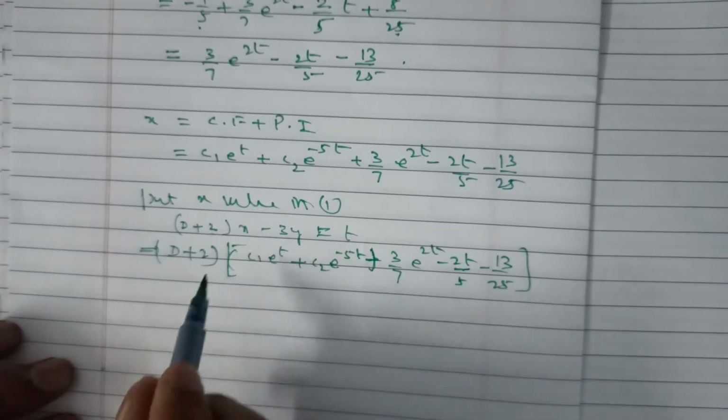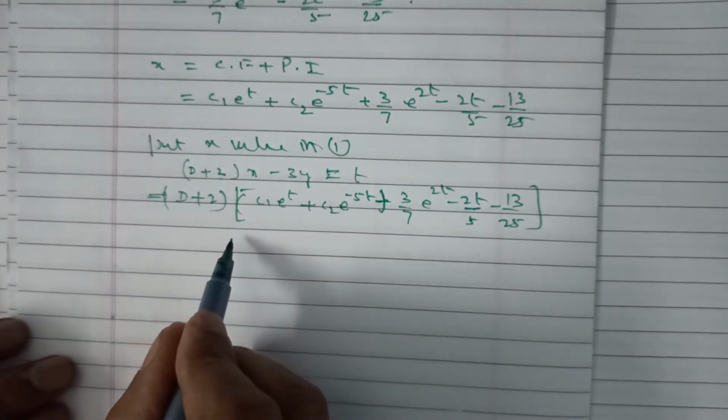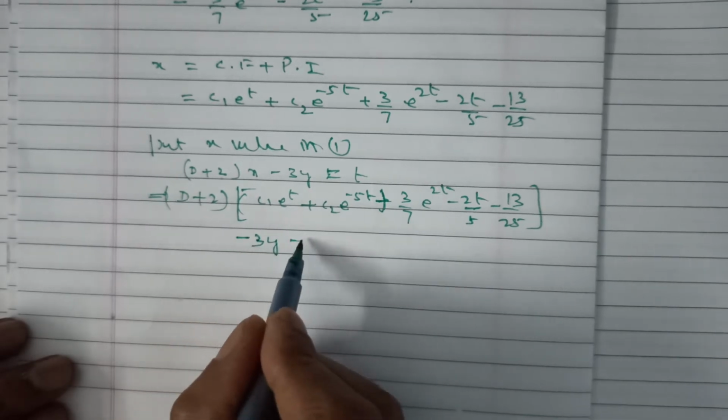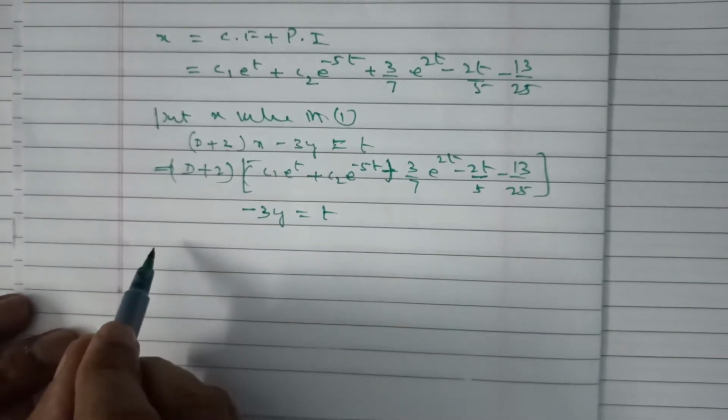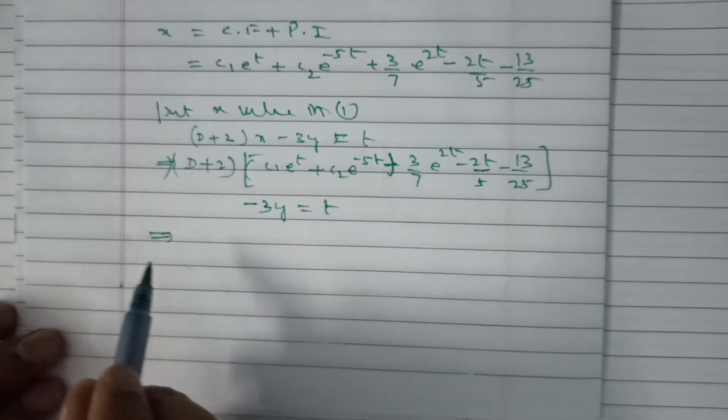x value minus 3y is equal to t. Implies, differentiation.